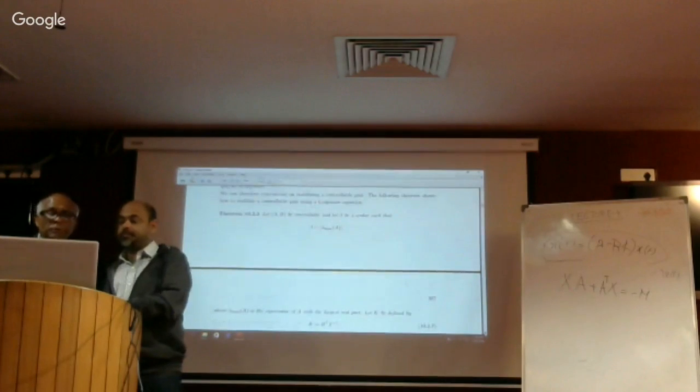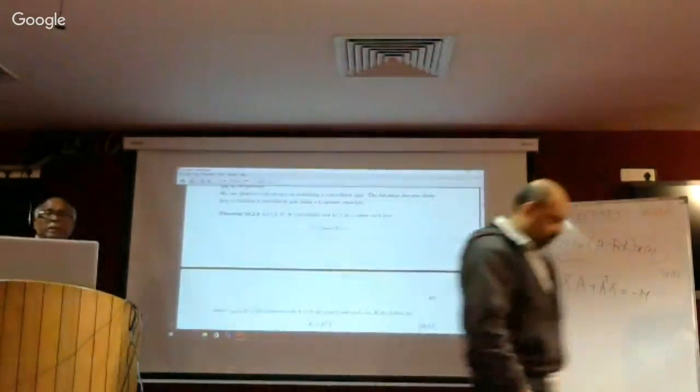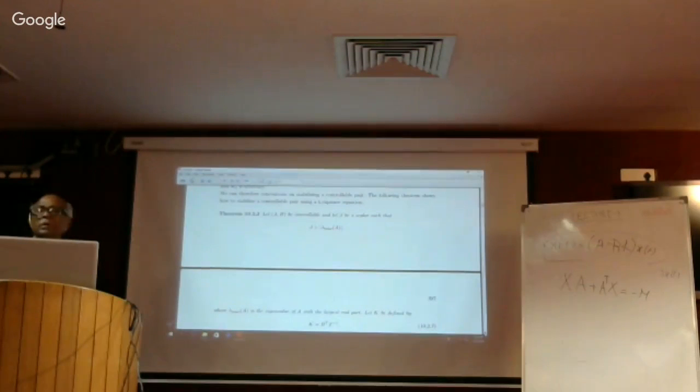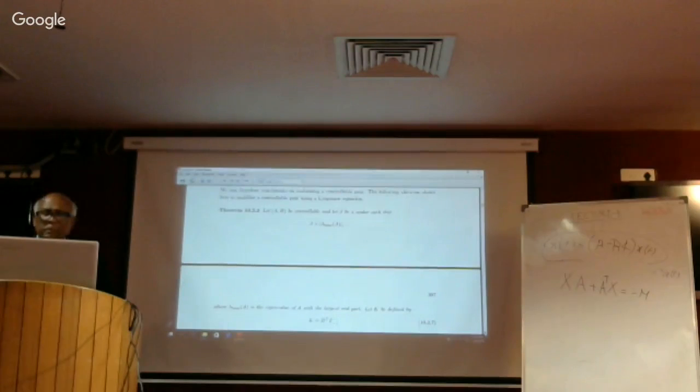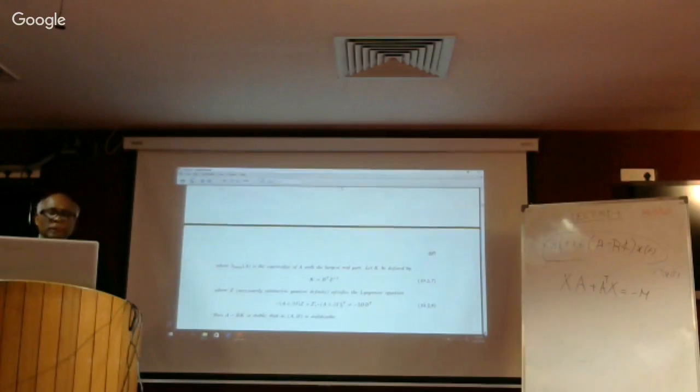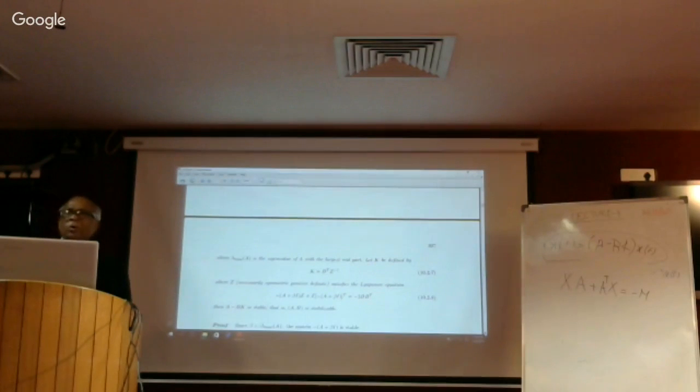So look at the theorem. That's the reason we need the assumption for controllability. Under the assumption that the pair AB is controllable, this Lyapunov matrix equation always has a symmetric positive definite solution Z, right?